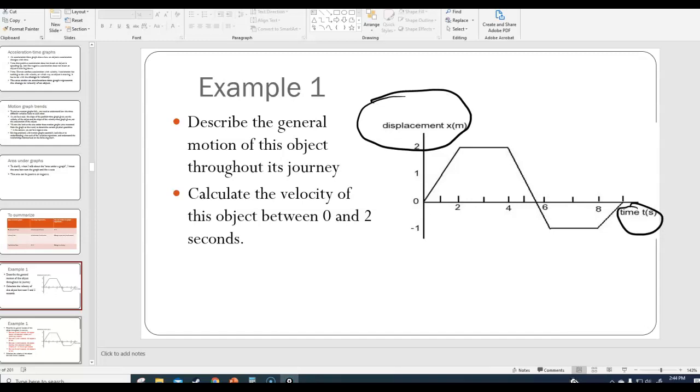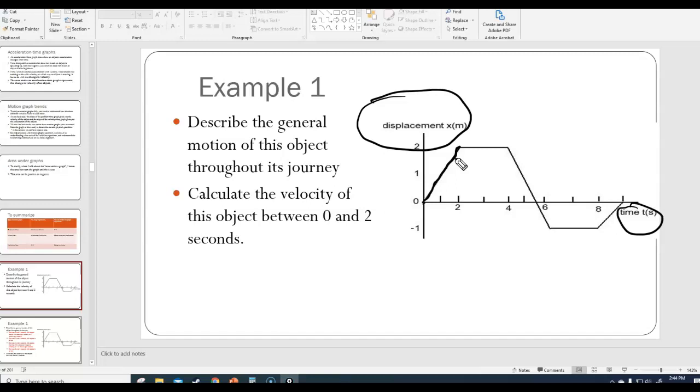Now, we want to describe the general motion of this object throughout its journey. So first of all, remember that on a displacement time graph, the slope represents the velocity. So when I look at this graph, the first thing I see is that it starts at an initial position of 0, and then it moves forward for 2 seconds with a constant velocity. Now, how do I know it's a constant velocity?